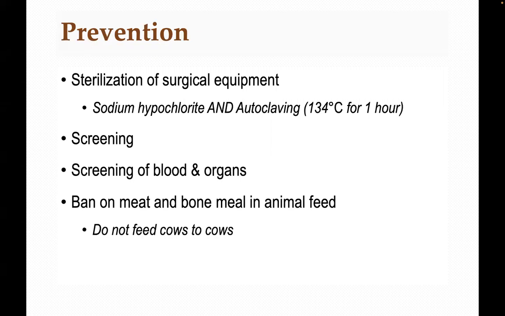Or they could use the brain of the sheep to make feeds for the cows. So you see, in such a scenario, it's easy to transmit the prion disease from animal to animal. Then when human beings eat that animal, they get the variant form of CJD. So the prevention strategy is do not feed cows to cows. And I would also say, do not feed sheep to cows.